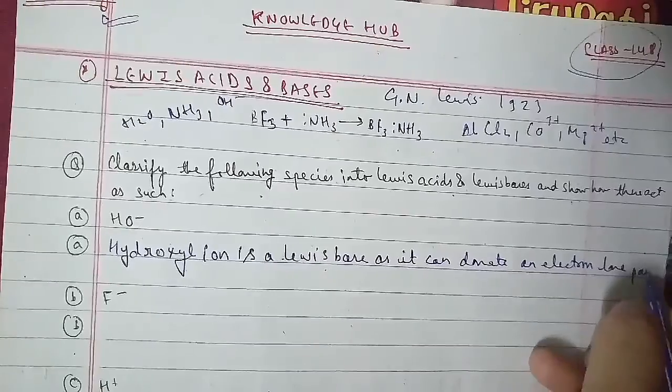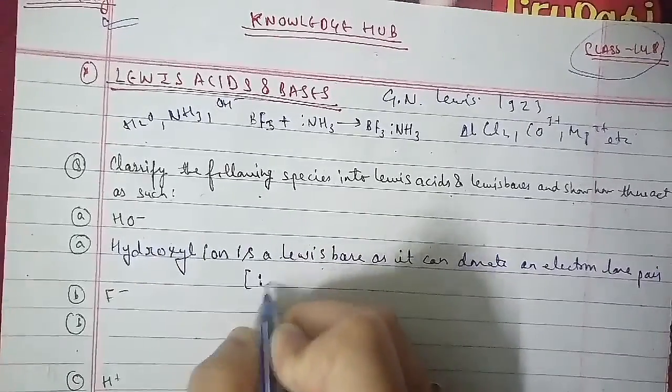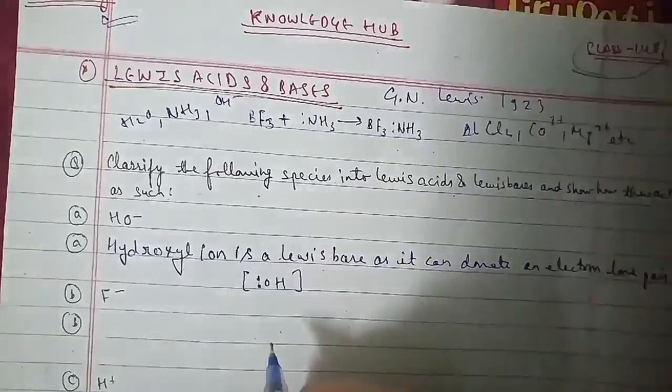Now for the second we have F minus. The fluoride ion acts as a Lewis base as it can donate any one of its 4 electron lone pairs.